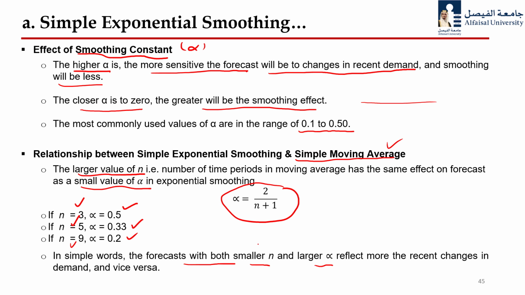Whereas if I use a smaller alpha and a larger n, we are going to get more smoothness in our forecast value. That means smaller standard deviation or variation in our forecast values.